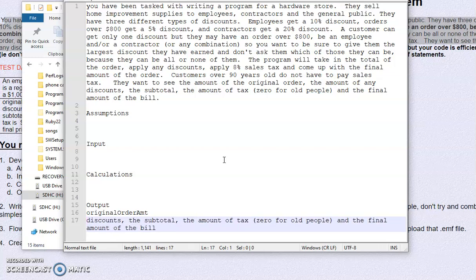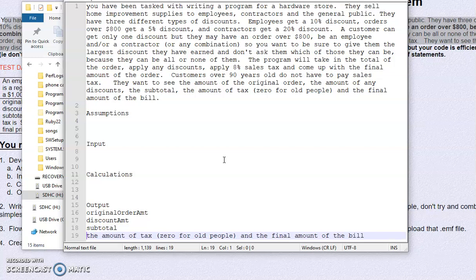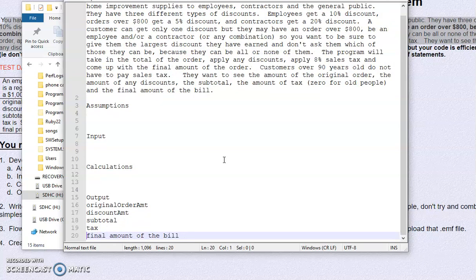So I'll do discount amount, AMT, subtotal, amount of tax, and the final bill. So this is the easiest part, especially if you copy and paste from the top. Okay, this is what they want out.